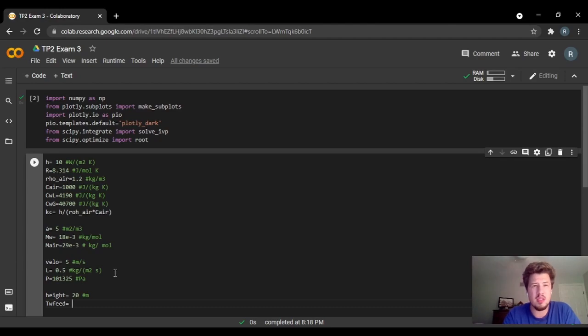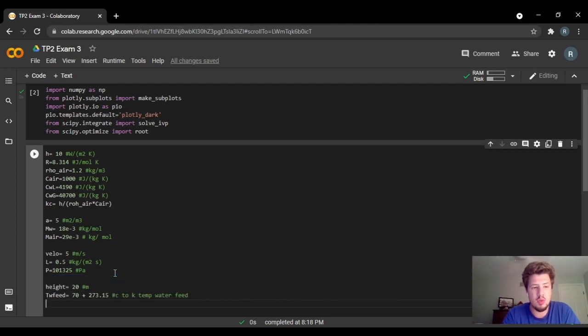We were given that to be 70 Celsius, so we need to convert that to Kelvin, Celsius to Kelvin for the temperature of the water feed. And then you need the gas, or air, feed, and that was 3.15.